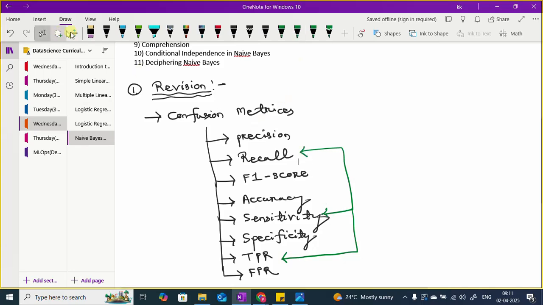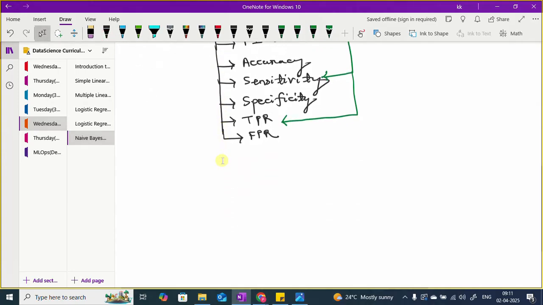Now, after the confusion matrix, we have entered into another beautiful concept, that is the ROC curve. Then we have seen the ROC AUC score.